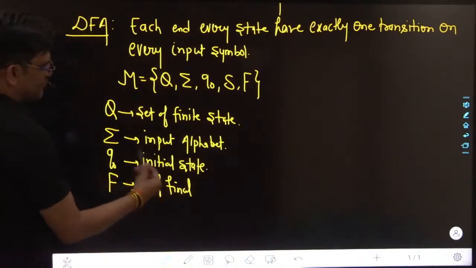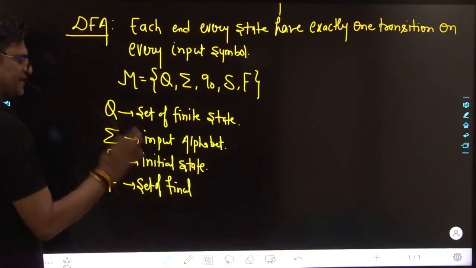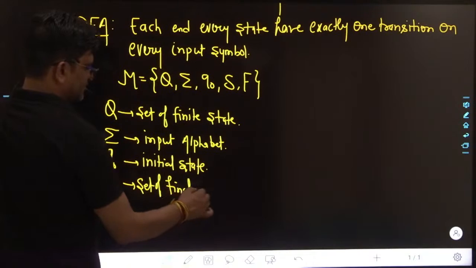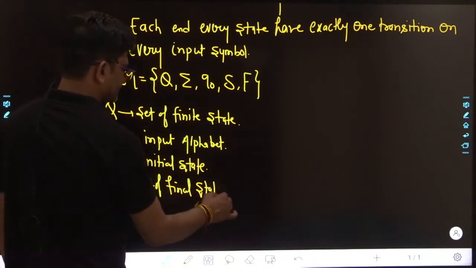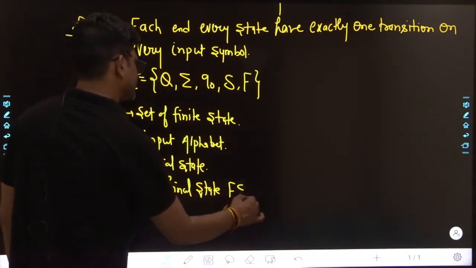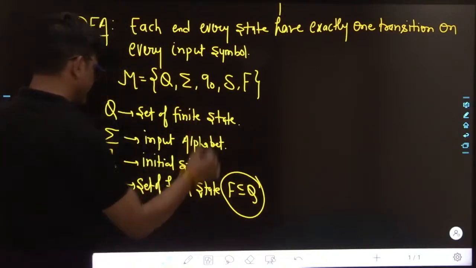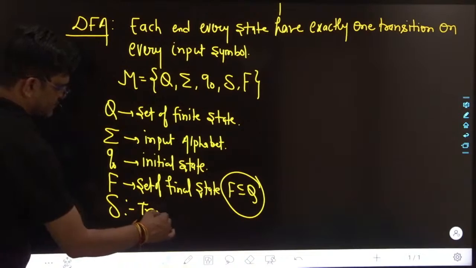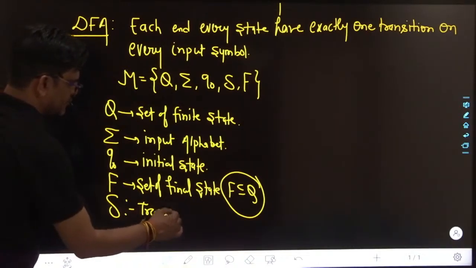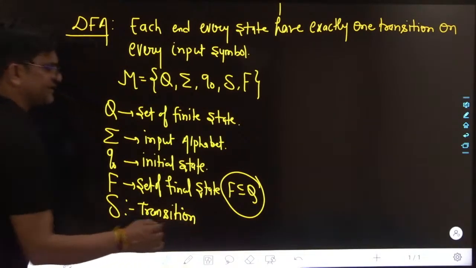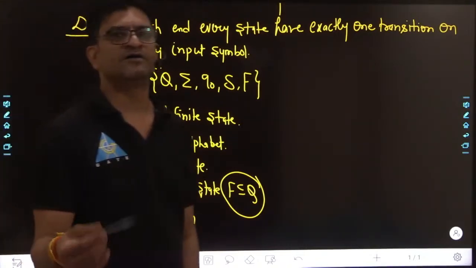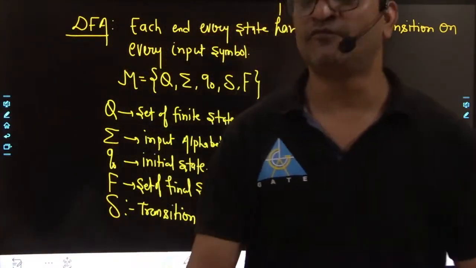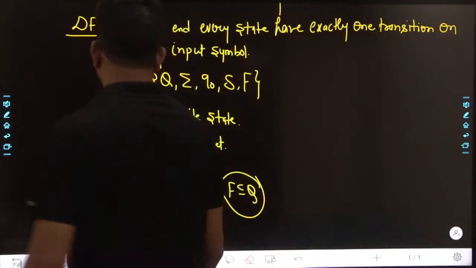It means we can have more than one final state in one finite automata. F is a subset of Q. Now, delta is the transition function. What do you mean by the transition function? It defines the rules for how the machine takes moves.